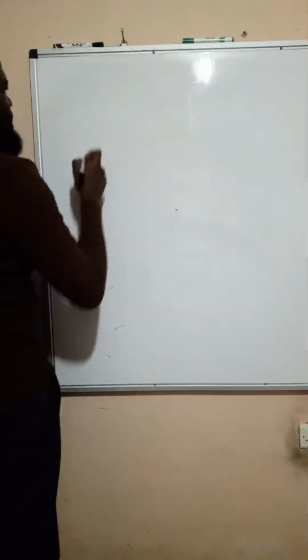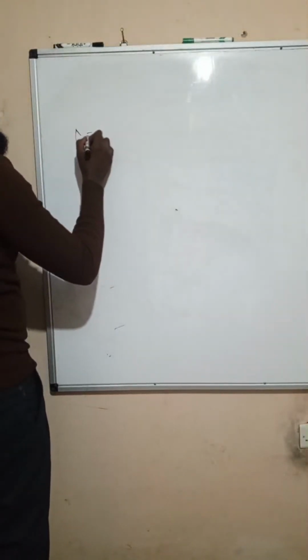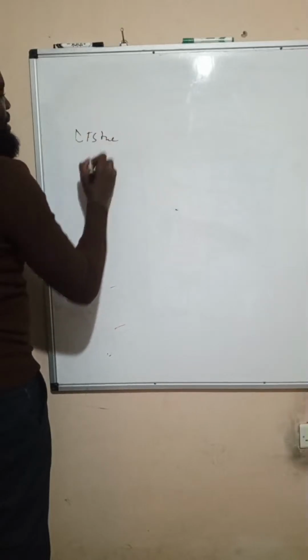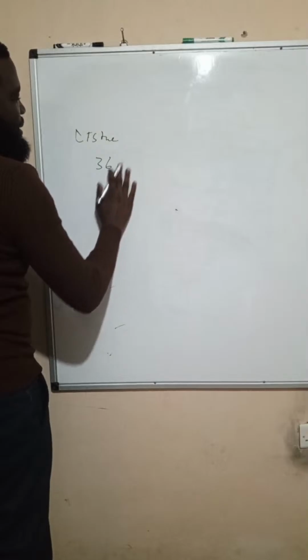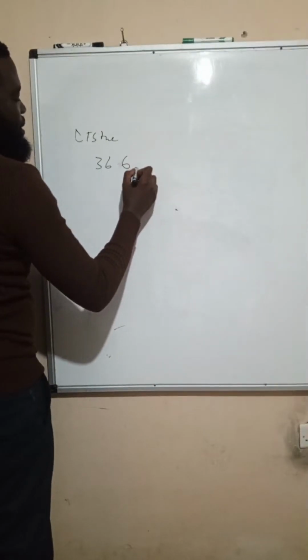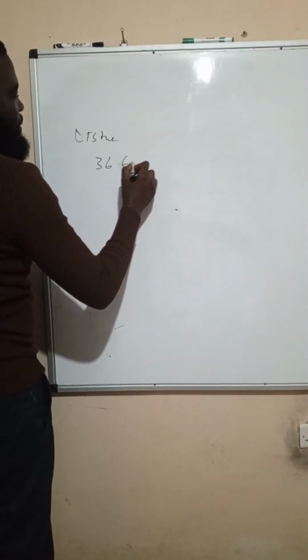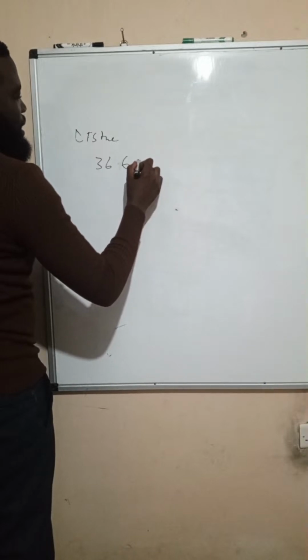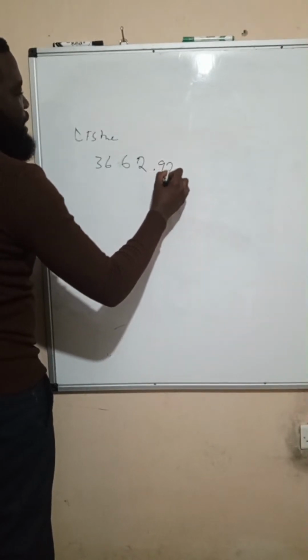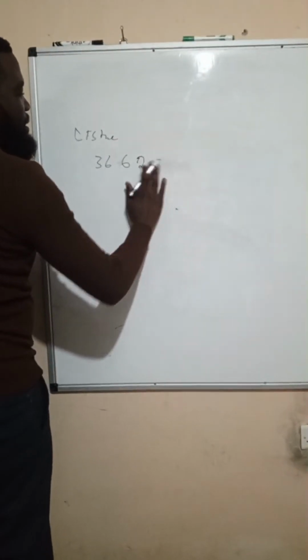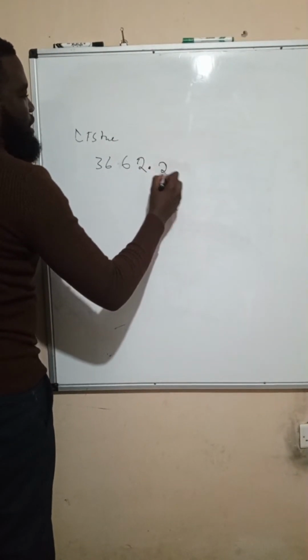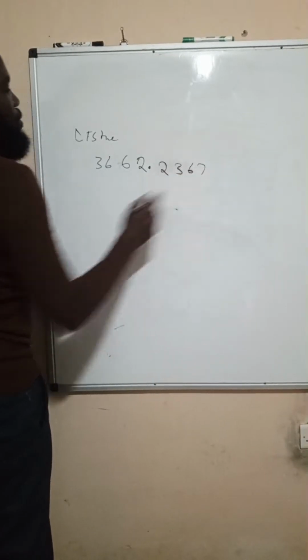So don't get confused. You get a distance, maybe you say my distance is 36, let's say 2367 and so on.